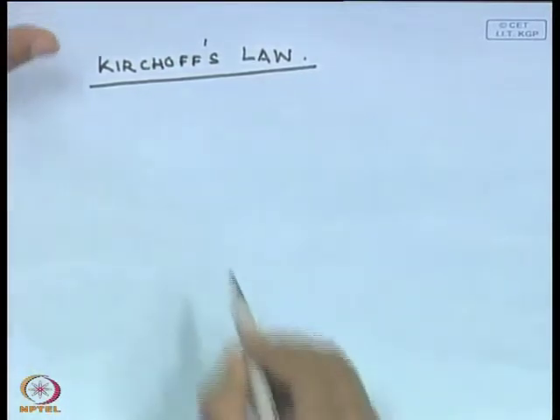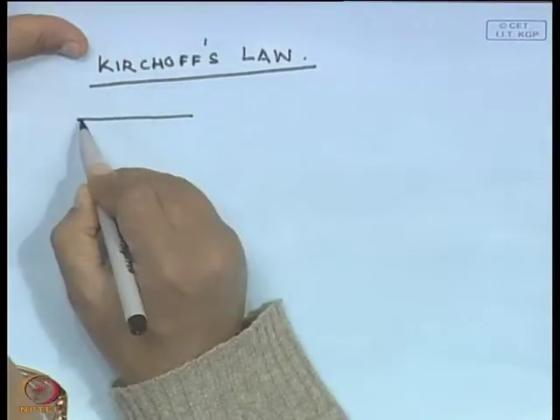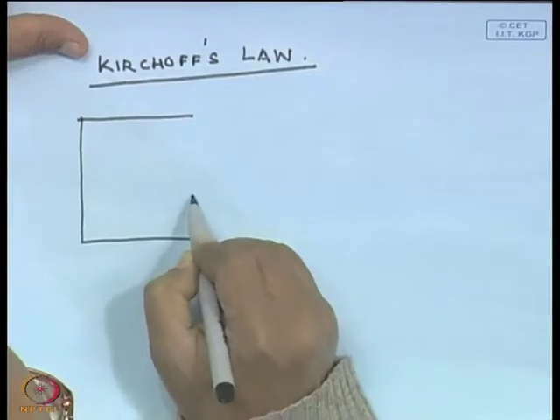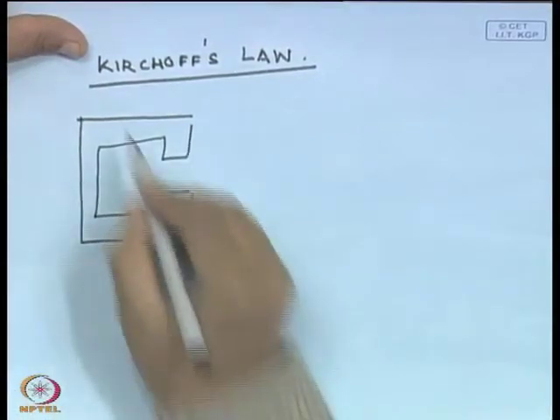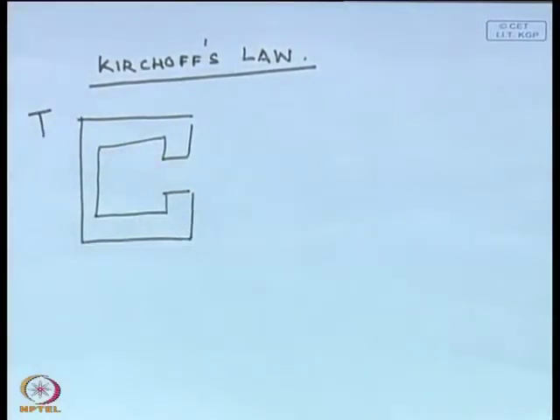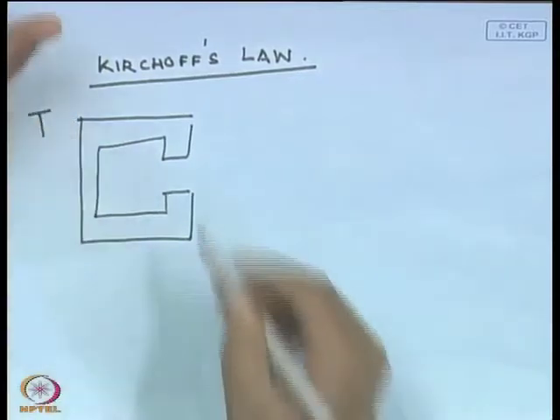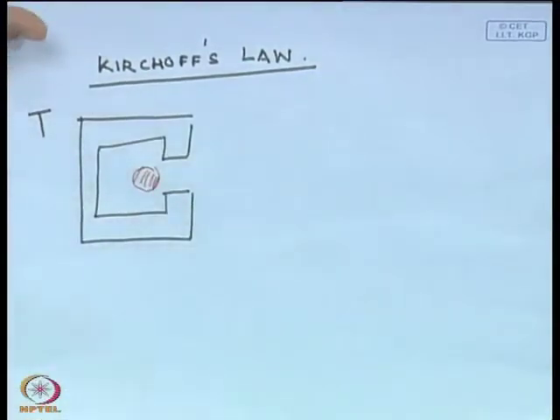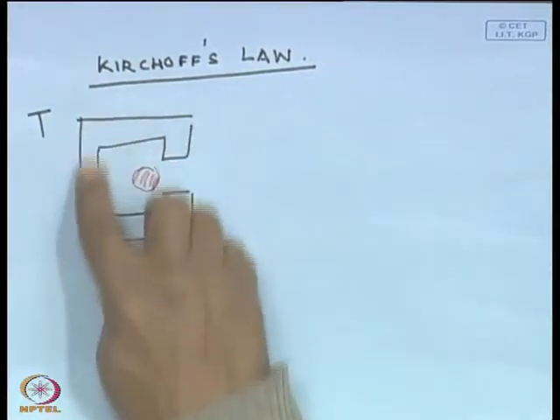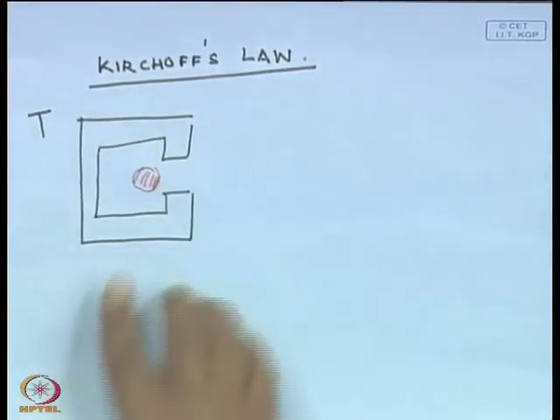So, let us again consider a black body cavity at a temperature T, and let us assume that we have put some material also at some temperature T, at the same temperature T over here. So, this material that we have introduced here is at the same temperature as the cavity and the radiation inside.